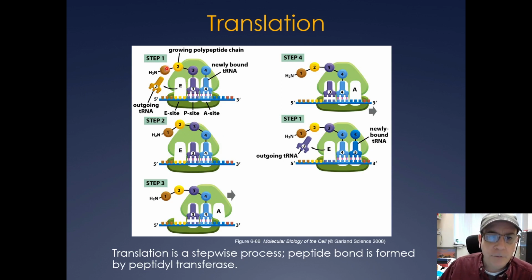So here you have your peptidyl-tRNA in the P site. And spent tRNA is actually leaving the exit site, and a newly bound tRNA is added into the A site, or the aminoacyl-tRNA site. Okay, then the peptidyl synthetase actually catalyzes the formation of the peptide bond between two amino acids, and now your peptidyl-tRNA is in the A site.